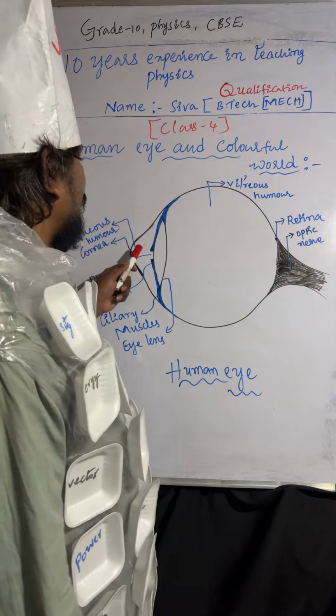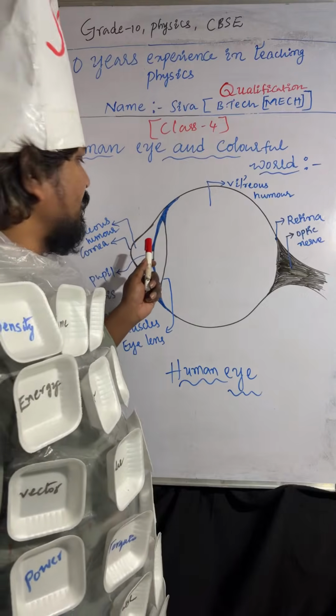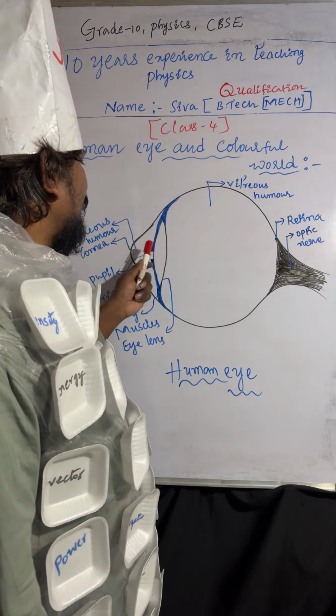The aqueous humor is a jelly type liquid present between the cornea and the eye lens.